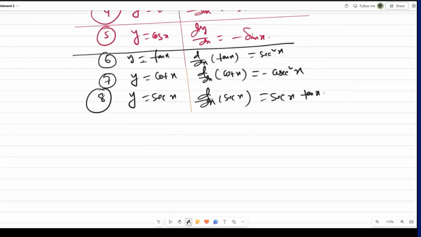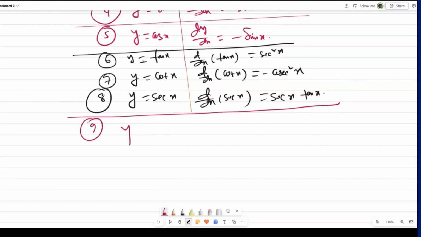And then there is number 9, y equal to log x. d/dx of log x will be 1 by x.